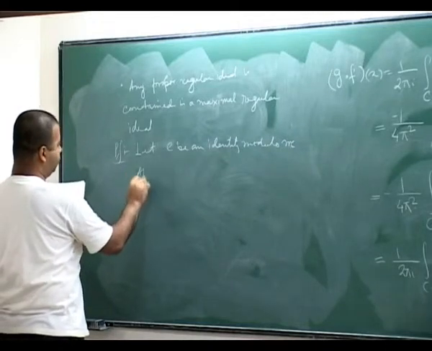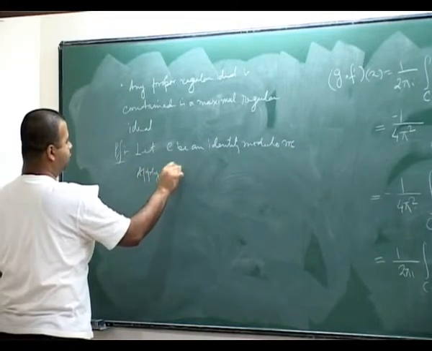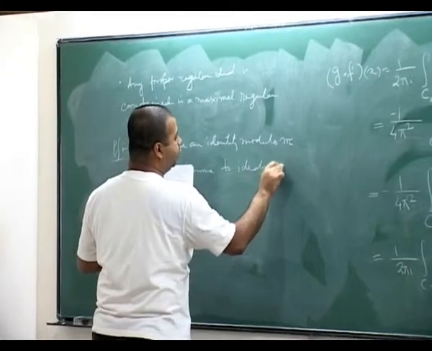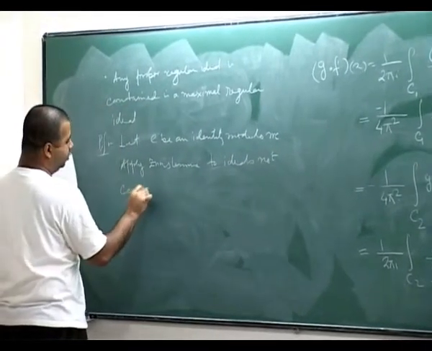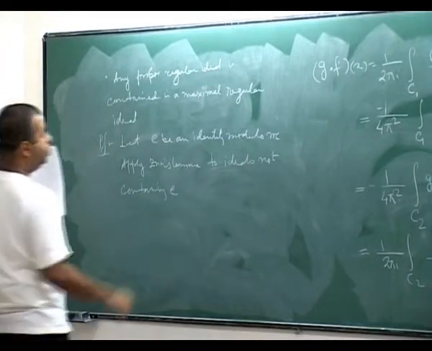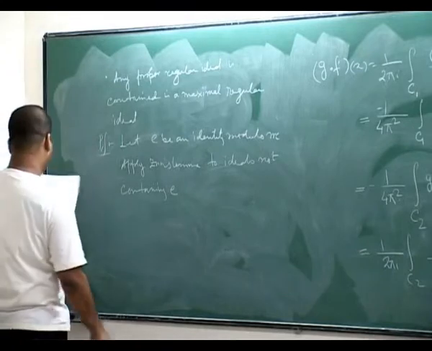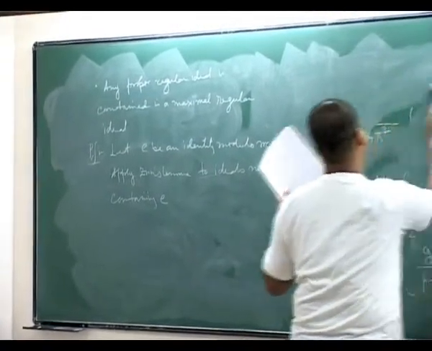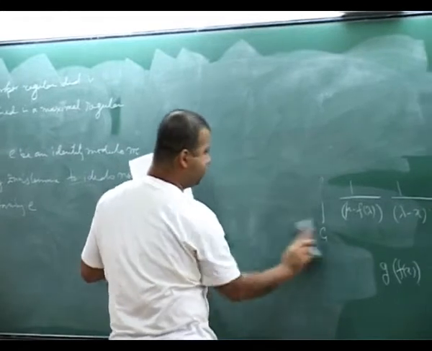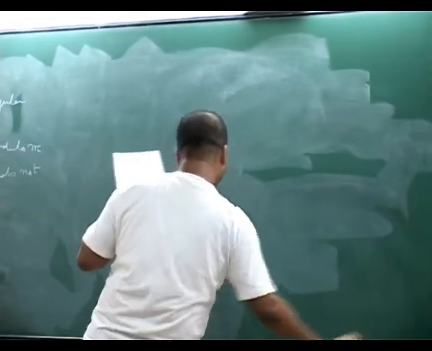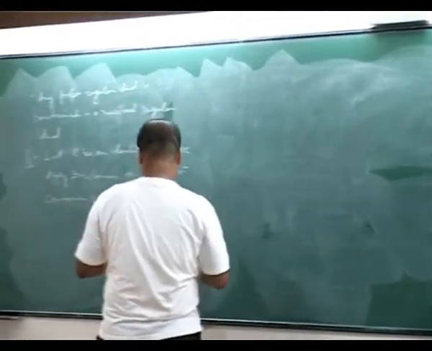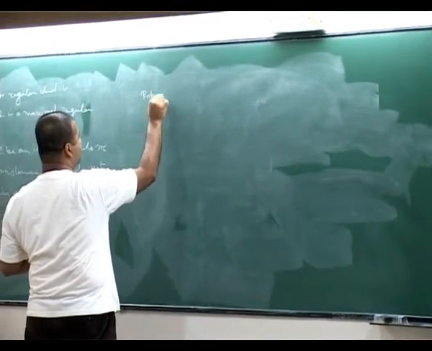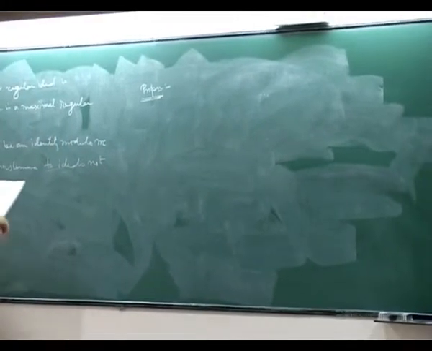So now, ideals not containing E. Then of course all these propositions are kind of parallel to whatever we did.